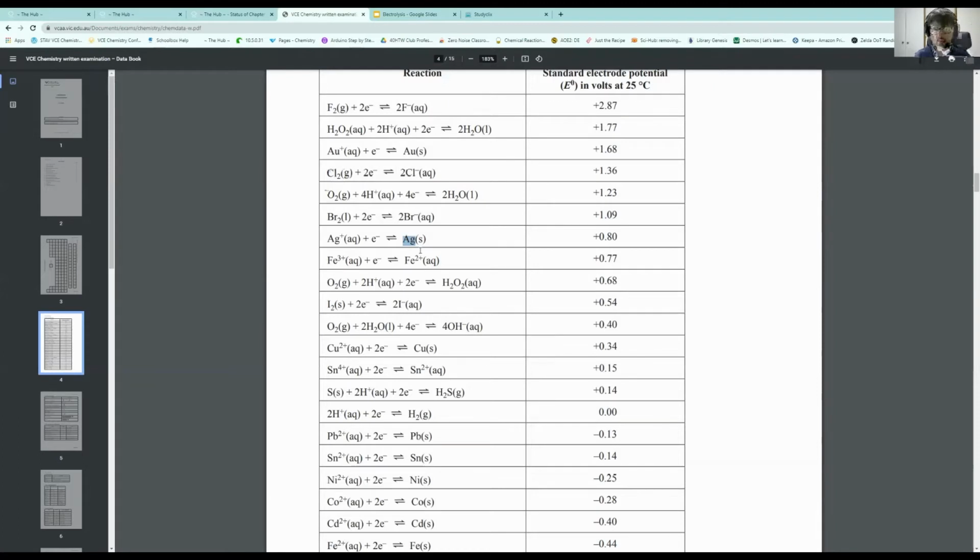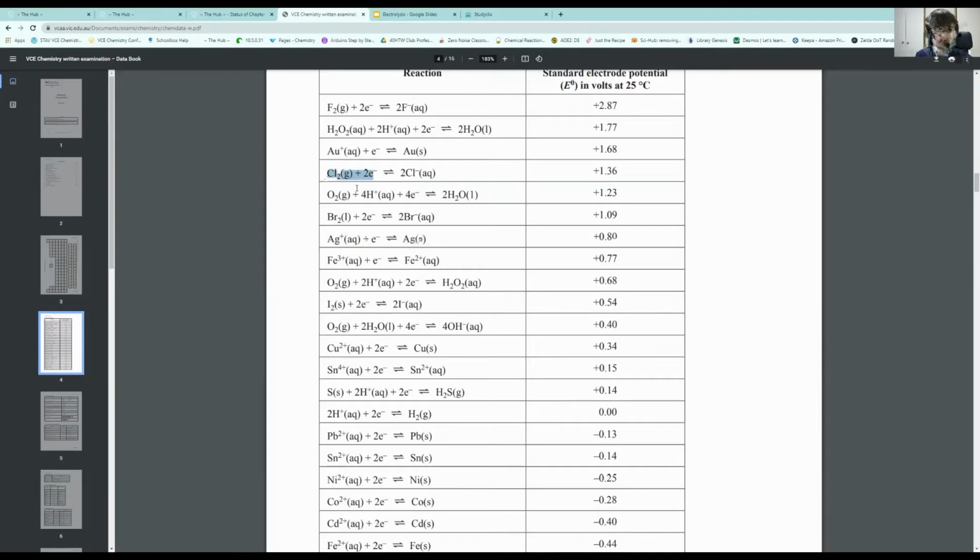But if, for example, you had the power source plugged in so that you had a silver plus and silver metal half cell, and the power source pointed so that the electrons flowed into this one, it would force the silver to be reduced, because the power source is what decides which way the electrons flow. So you can force spontaneous reactions to not occur.